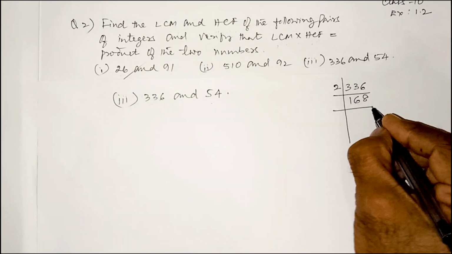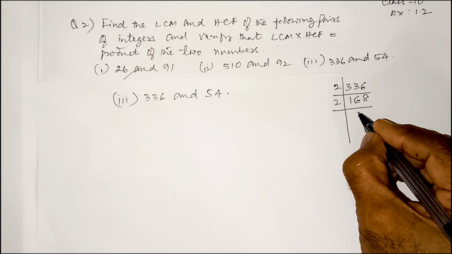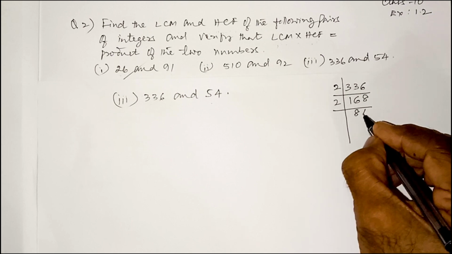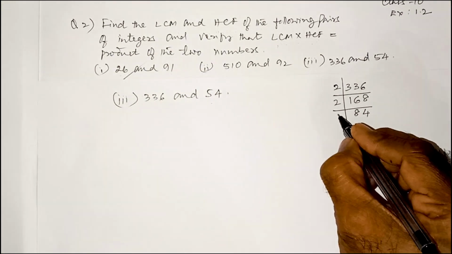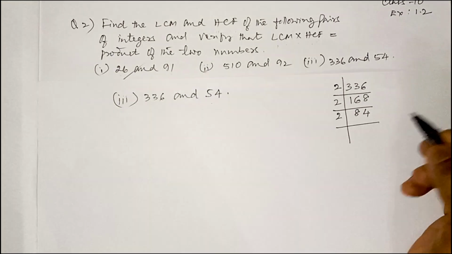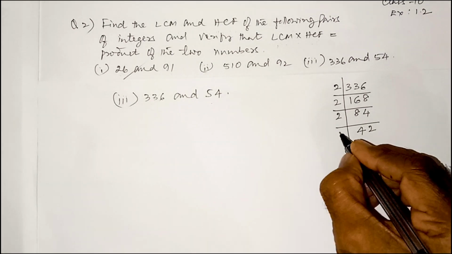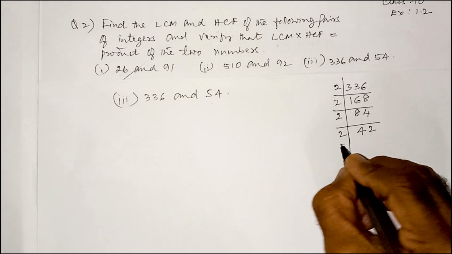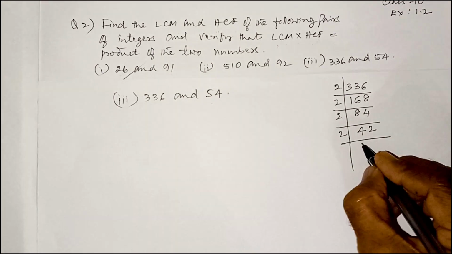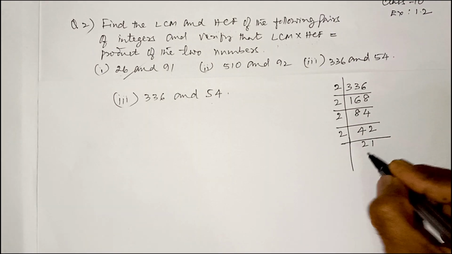Now again try with 2. 2 into 8 is 16, 2 into 4 is 8. Again try with 2. 2 into 4, 2 into 2. Once again with 2. It goes 2 times and 1 time.